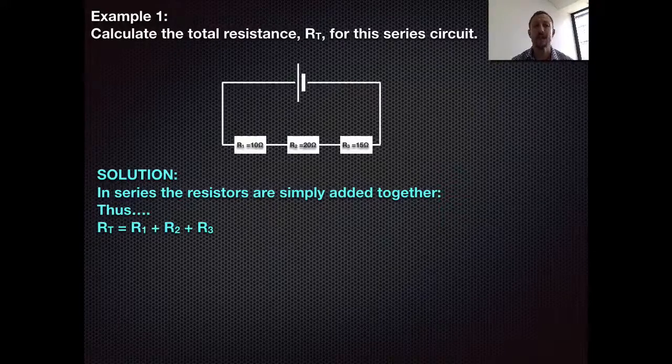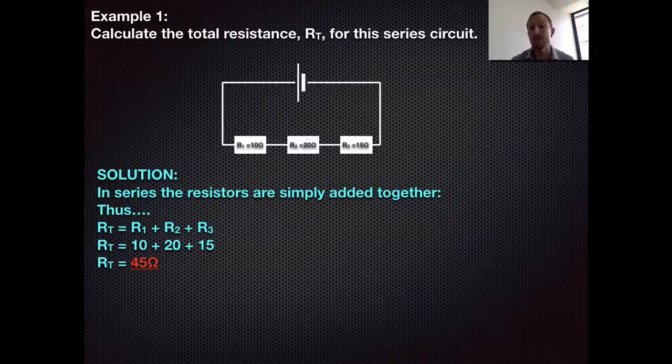So RT equals R1 plus R2 plus R3. So I'm combining those 3 resistors to make one overall resistor. The effect of that is that it will produce a single current. So RT equals 10 plus 20 plus 15. So RT equals 45 ohms. Simple.